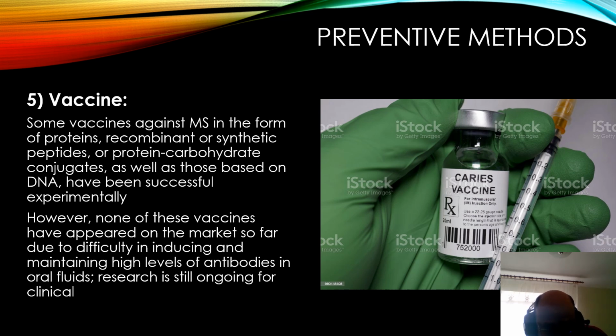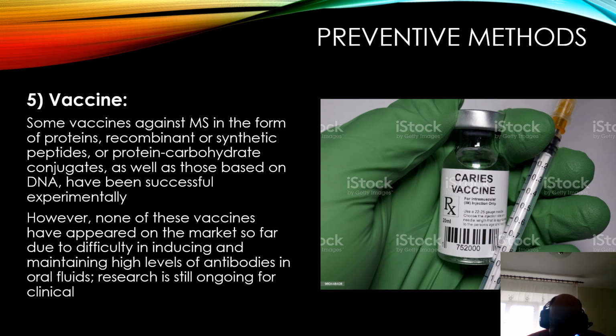And, as you know, some scientists tried to develop a caries vaccine. Some vaccines against microbes in the form of proteins, recombinant or synthetic peptides, or protein-carbohydrate conjugates, as well as those based on DNA, have been successful experimentally.